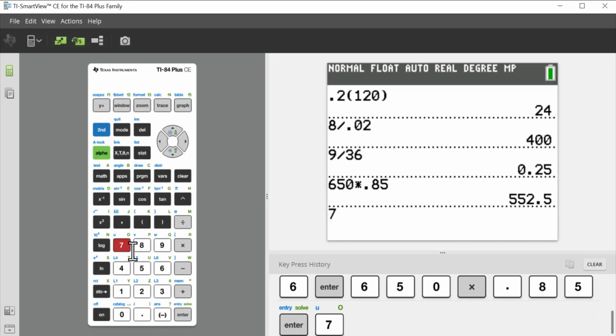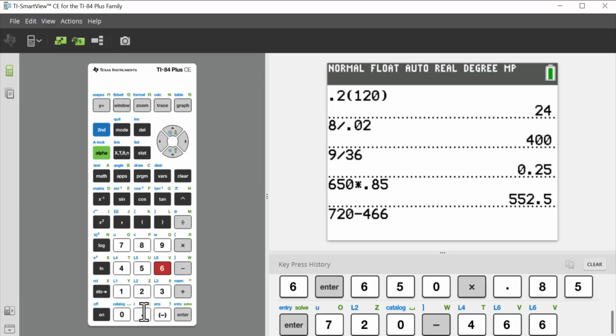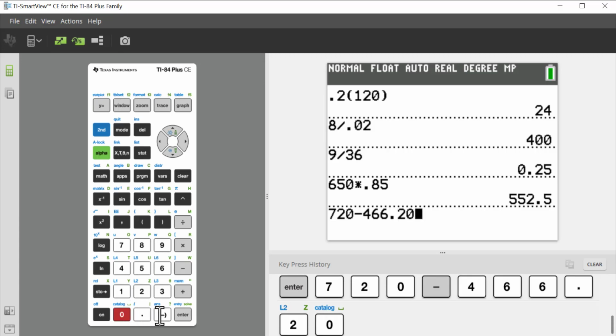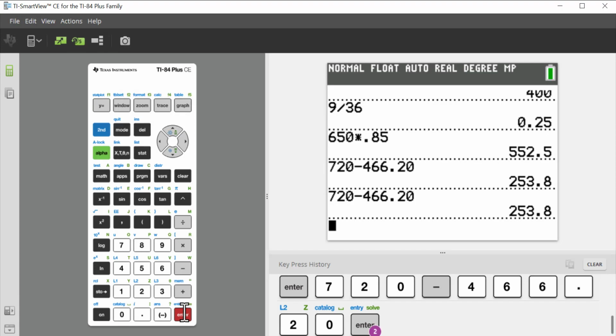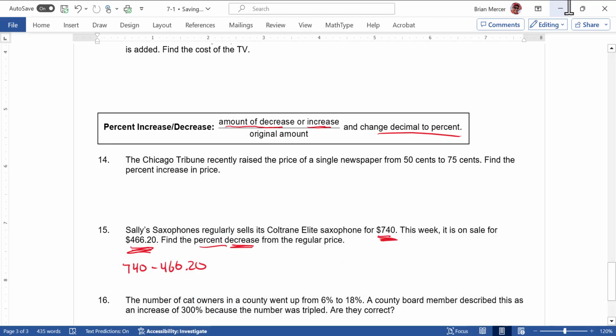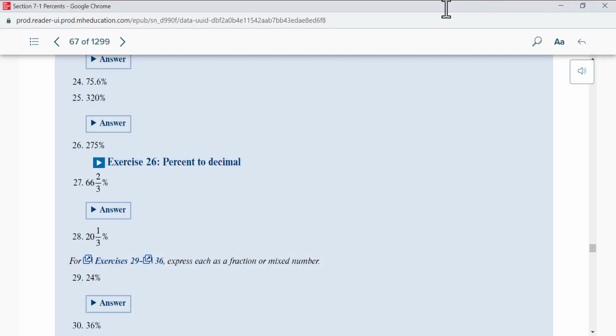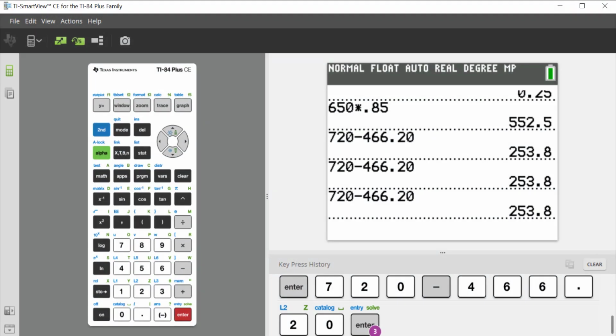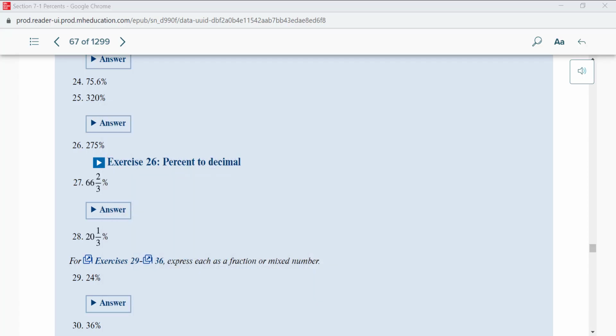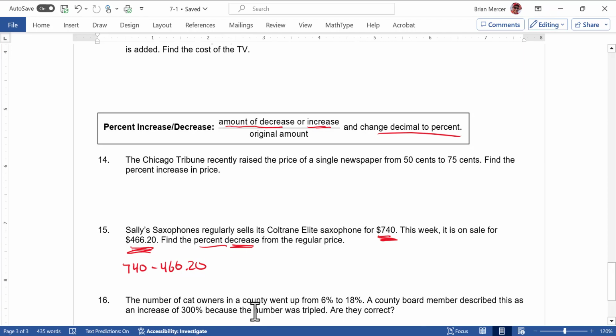So 740 minus 466.20, and that's $253.80.